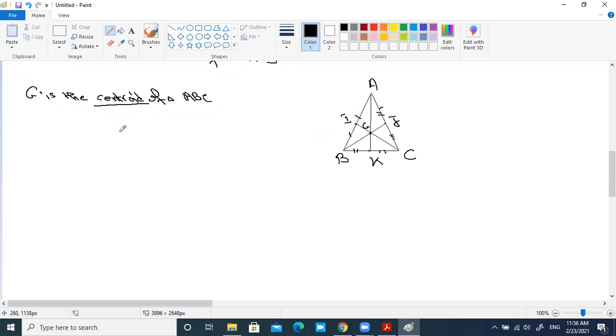We have properties of medians and centroids. You already know it from grade 8. What can I say about GK and GA?